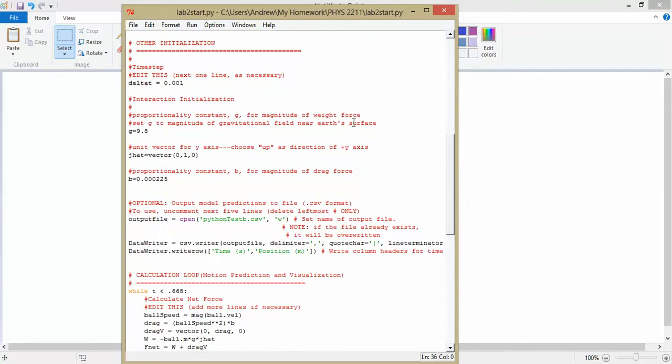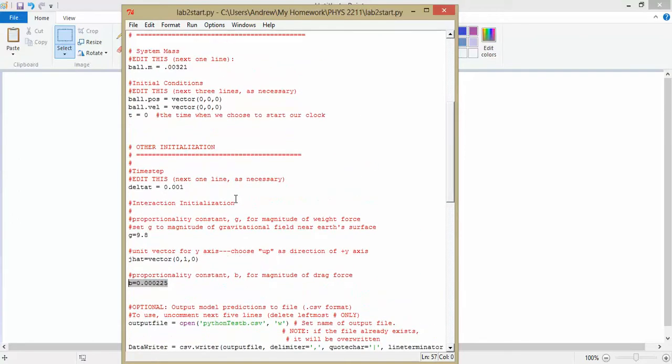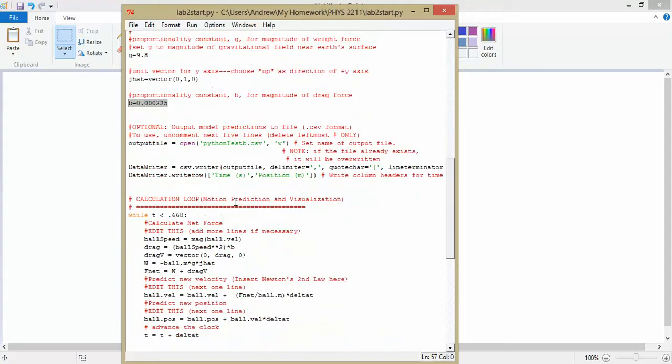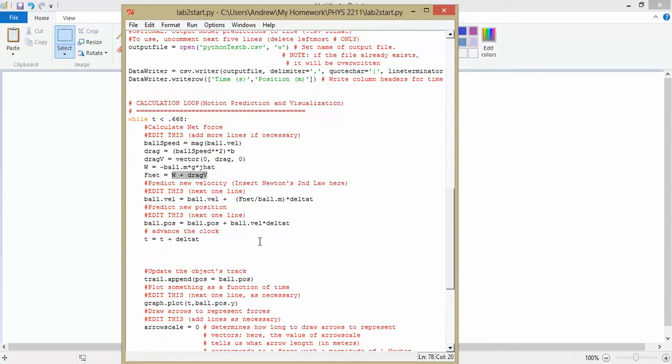Right here I found this constant after doing some experimenting with it, and I have this little equation right here. The ball speed squared times that constant gives me the drag, and the vector is just that in the y direction. And I have that added to W being the ball mass times gravity downward, and that is what got me my more accurate results.